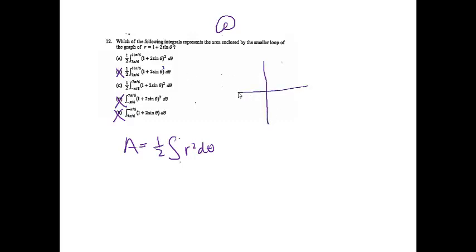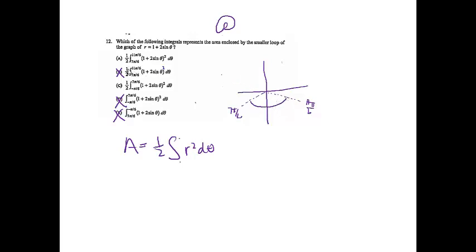So this is what I did to try to figure this out. I looked at the values that they gave me. This one said from 7 pi over 6 to 11 pi over 6. Well, I know 7 pi over 6 is a little bit over pi, and 11 pi over 6 is a little bit before 2 pi. So we would go from here to here.